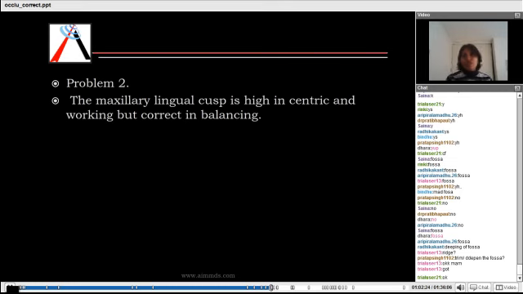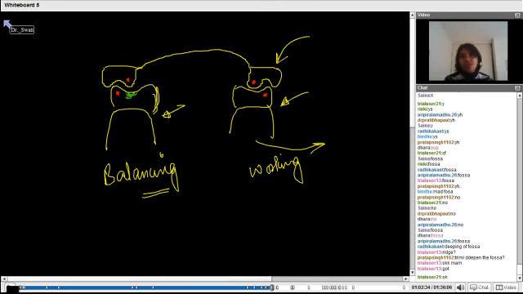Okay, the next problem. The maxillary lingual cusp is high in centric and working, but correct in balancing. Let's go back to the diagram.